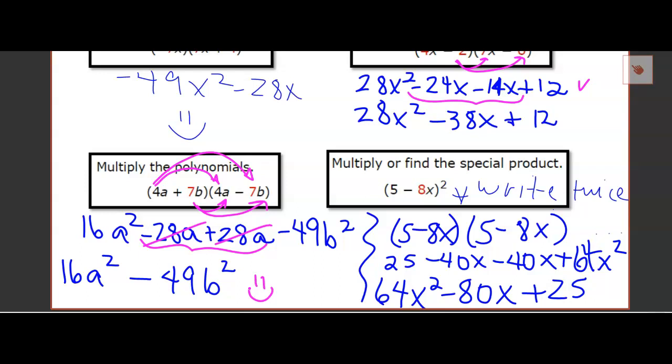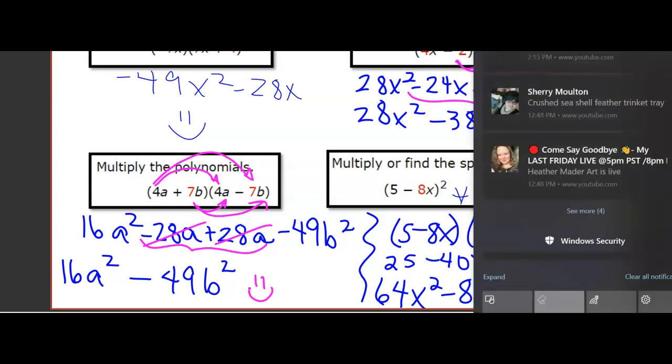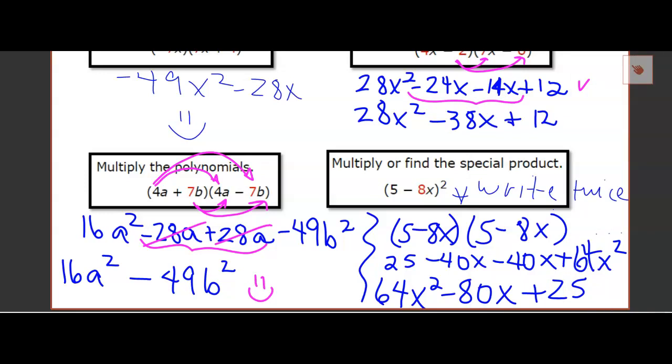Now remember, our answers need to be written in descending powers, so I'm going to write that 64x squared first, combine the two negative 40x's to give me a negative 80x, and then write that positive 25 last. Again, I want to have my answers in descending powers.